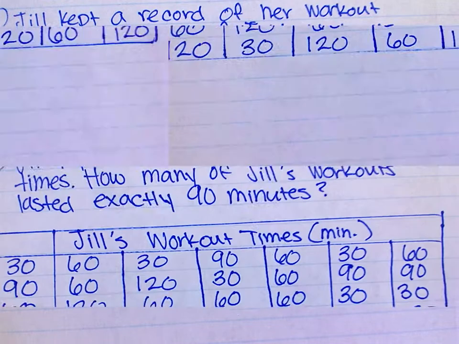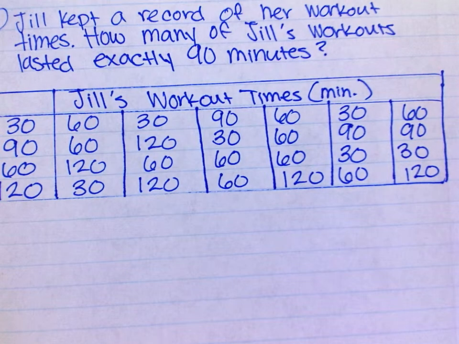So there's the graph. And they want to know how many of these workouts are exactly 90 minutes. If you are done with the graph, you can start making your line for your number line. Now with my number line, I just want to make it as easy as possible. I'm just going to go by 30s.